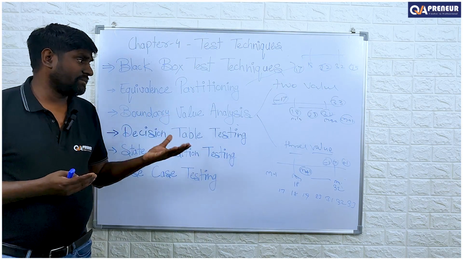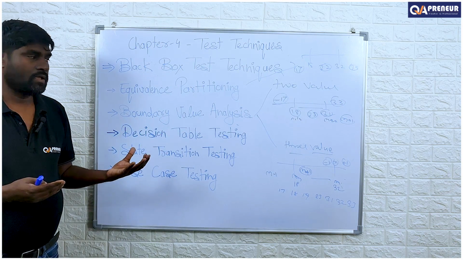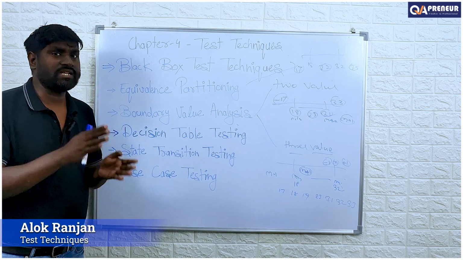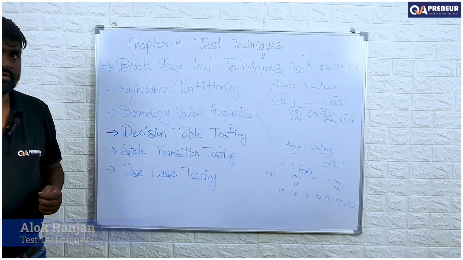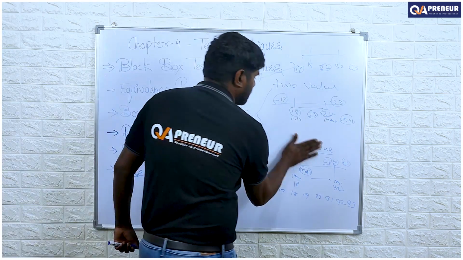Their applicability will totally depend on certain conditions, and on the basis of those conditions a decision is taken: yes, no, may or may not. So we are saying there is a table.